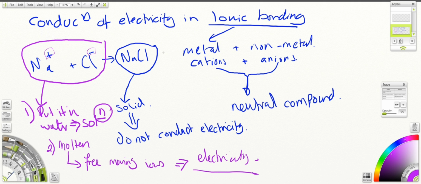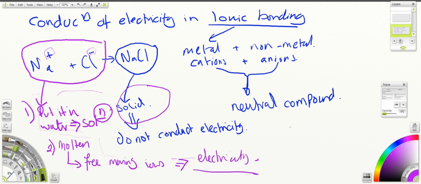Right, so in the solid state, it can't conduct electricity. To make it conduct electricity, you make it into a solution by mixing it with water, or you make it molten, and that will allow you to conduct electricity.